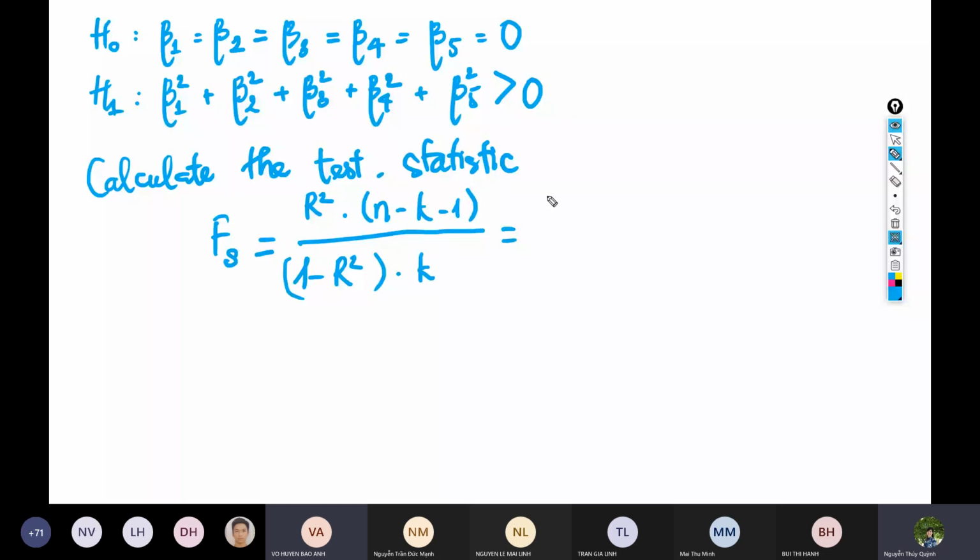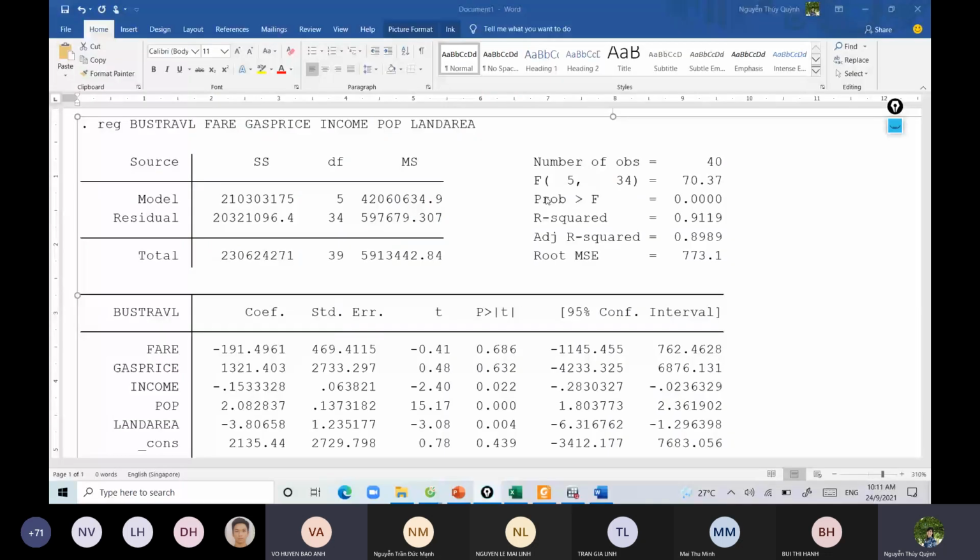What is R squared of this model? 0.9119.